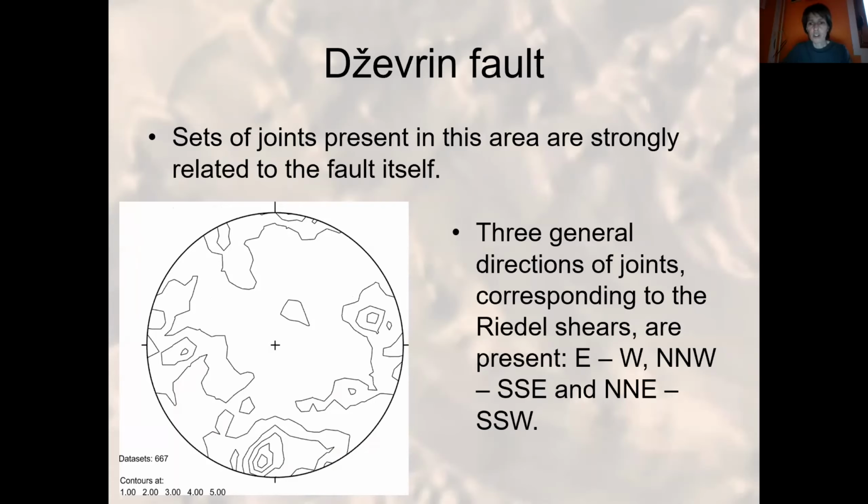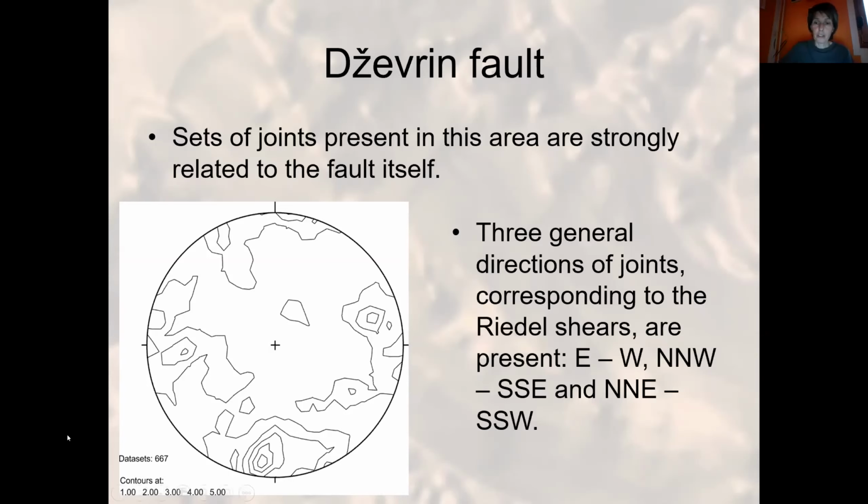There are 3 general directions, and it is interesting that the most numerous joints are perpendicular actually to the fault itself, but they are very small. So only in some outcrops you can find small areas, but they are numerous.